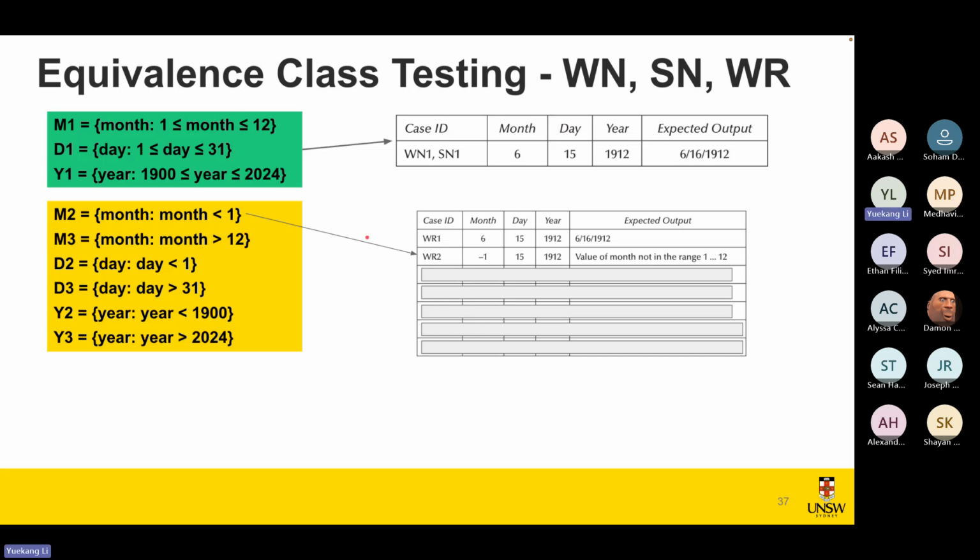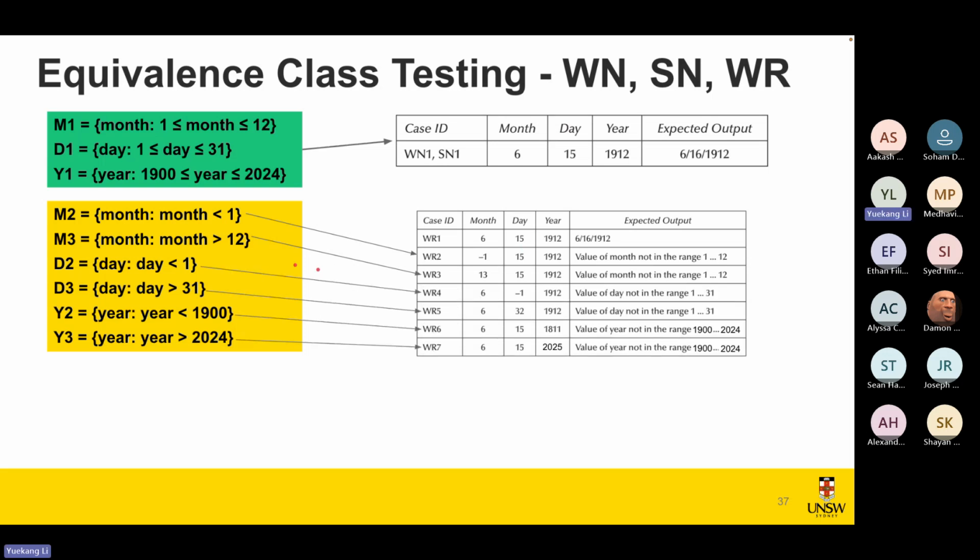And what about the next one? We can make use of this equivalence class, right? What we can get is we can make the month overflow while keeping the day and year valid. And the same goes for all the rest of the test cases.